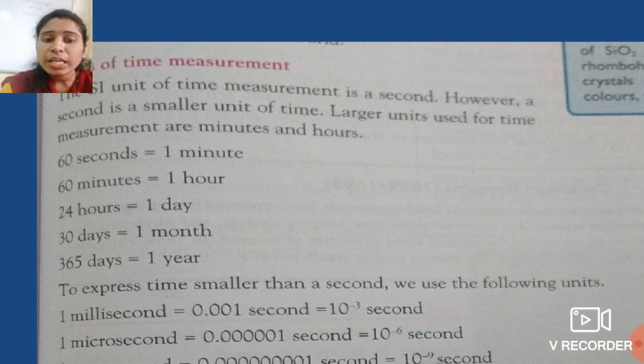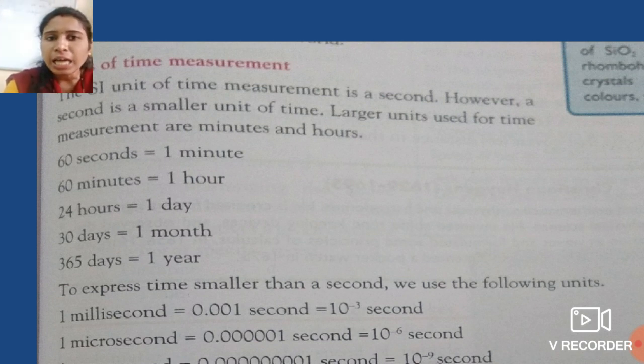Just like one day, how many days are there in 1 month? 30 days. And in 1 year, how many days are there? 365 days.